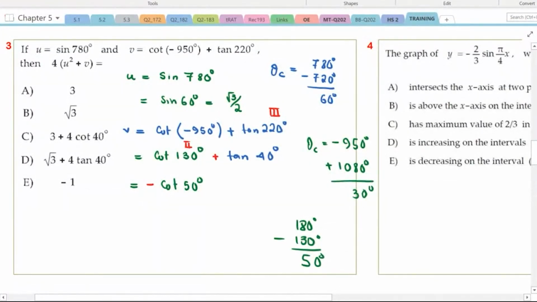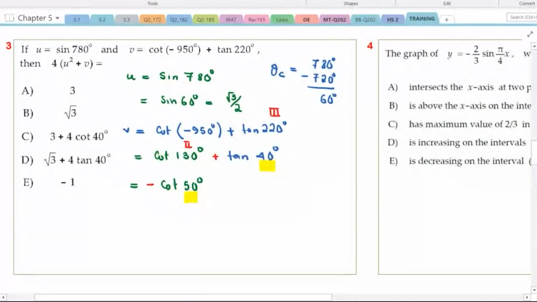Now, there is a problem. When we look at the question closely, you will agree with me that here, the angle 40 degrees is not famous, but also there is a relationship between 40 and 50. Right? 40 and 50, we say that these are complementary angles. When we add them together, the answer is going to be 90 degrees. So that means we can use the cofunction identity here. What is the cofunction?